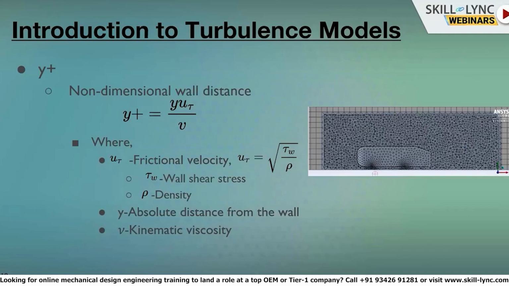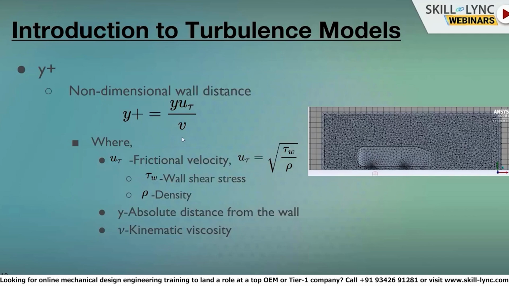But for simple problems, say flow over a flat plate, we know the formula for wall shear stress. It is Cf by half rho u square, and Cf is given by some empirical correlation, 0.0064 root of Rex or something. In those scenarios, we can calculate the wall shear stress.